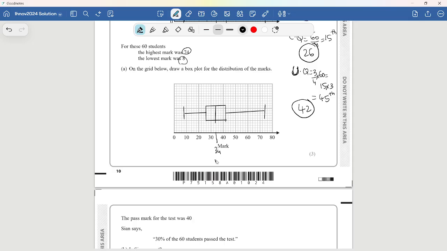And the lower quartile is at 26, lower quartile. The upper quartile is at 42, upper quartile. And that's fine, I think.